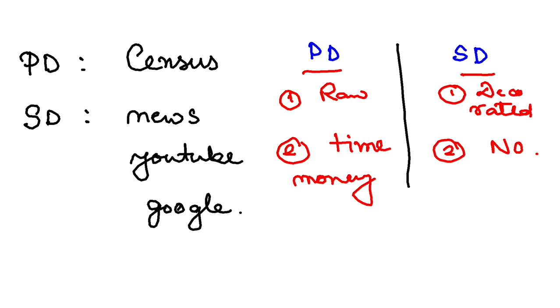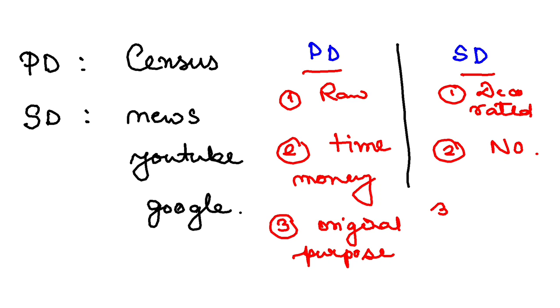The third point of difference can be that primary data is collected for an original purpose. The population census is done to know the number of people residing in a country.